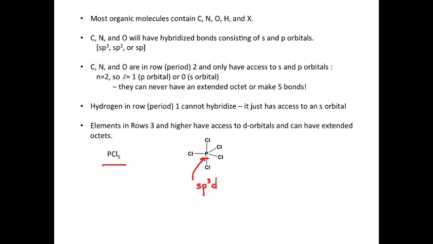There's only one s orbital and 3 p orbitals, so we have to have another orbital to hybridize. So the central phosphorus atom is sp3d hybridized, and there are 5 sp3d hybridized orbitals. And that's not something that we really see as common when we're talking about organic molecules, again, because typically we're looking at carbon, nitrogen, and oxygen, and then hydrogen, which doesn't hybridize.